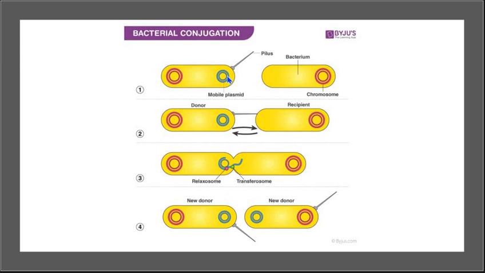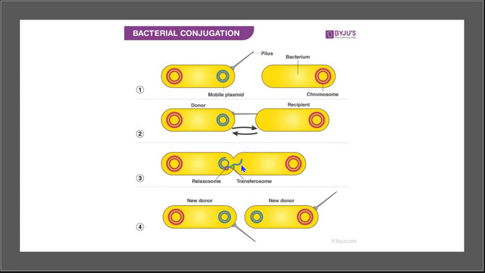So what ends up happening is this bacteria, the donor, actually creates a structure called a pilus, which is like a little tube, and the plasmid breaks apart and replicates and goes through that pilus into the recipient bacteria.